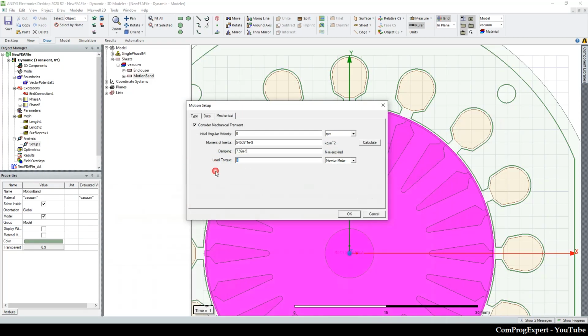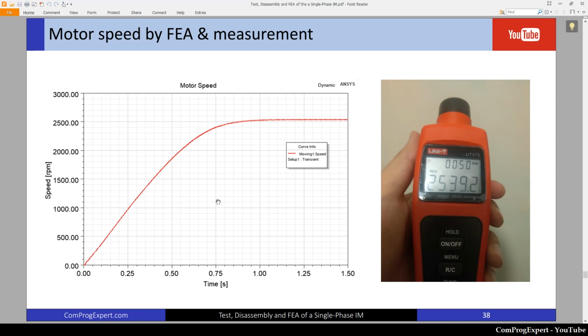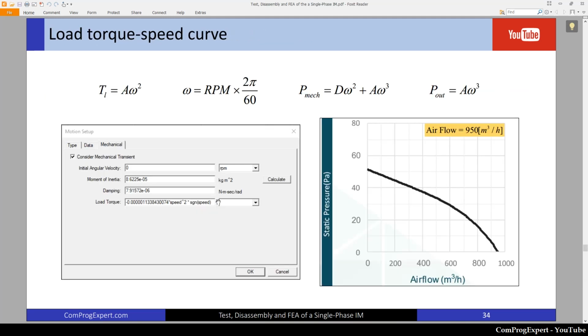And what is the load torque? The load equation, we can set it like this. So here is the load equation, the torque speed equation of the load.